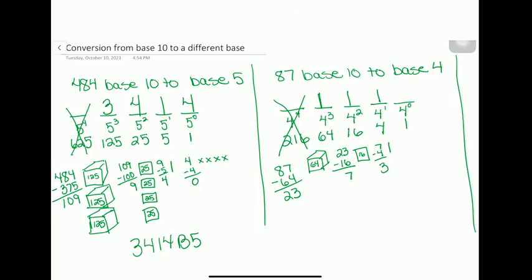And then our last one, we would have 3 unit boxes, and we would have none remaining. So our answer would be 1, 1, 1, 3, B4. And that would be 87 base 10 converted to base 4.